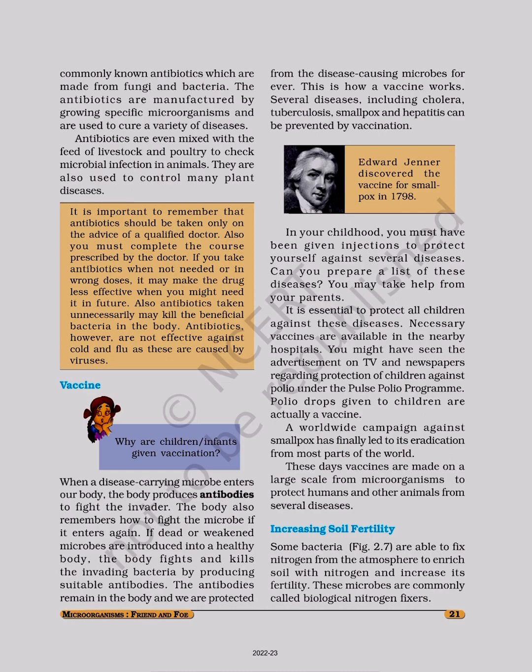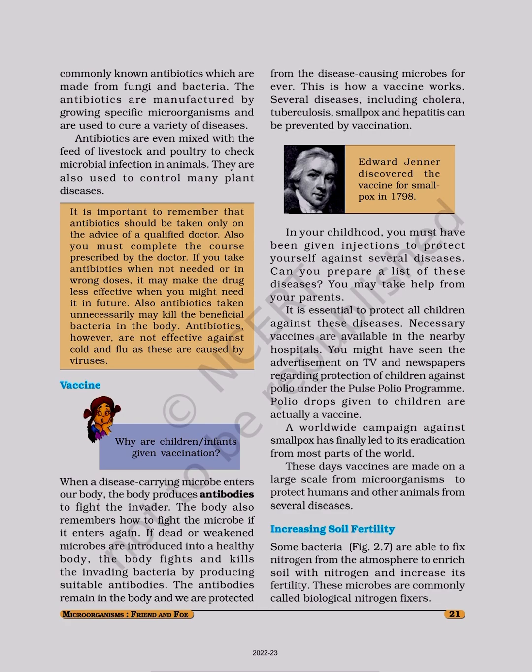If dead or weakened microbes are introduced into a healthy body, the body fights and kills the invading bacteria by producing suitable antibodies. The antibodies remain in the body and we are protected from the disease causing microbes forever. This is how a vaccine works.